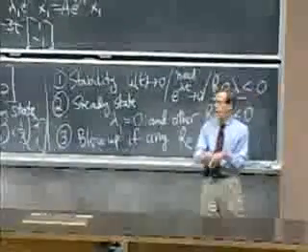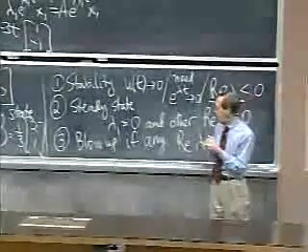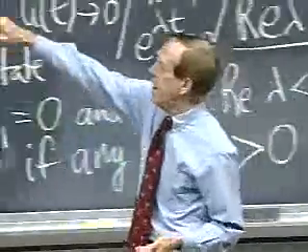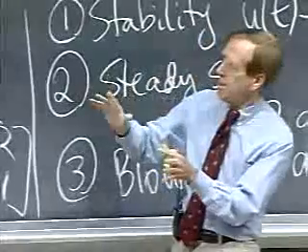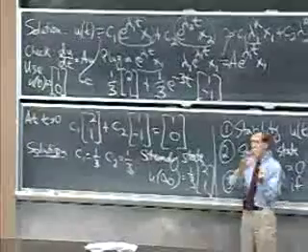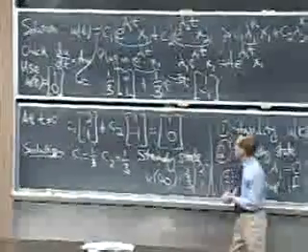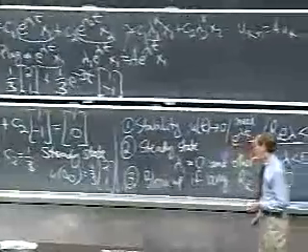For minus A, they'll all change sign. So I'll have blow up. Instead of the e to the minus 3t, if I change the signs in that matrix, I would change the trace to plus 3. I would have an e to the plus 3t, and I would have blow up.